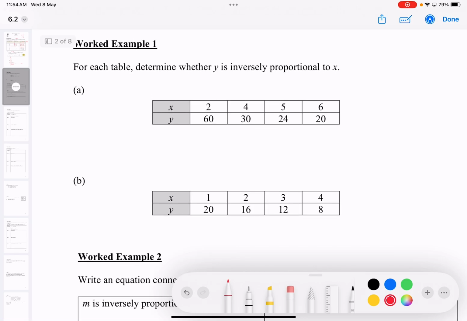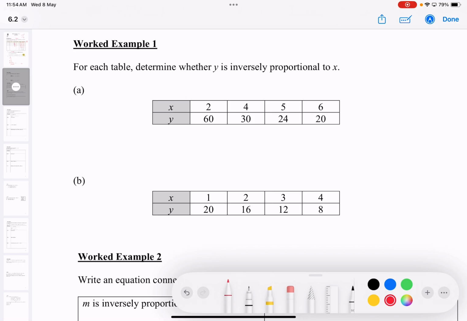Now, whenever we have two variables, x and y, how do we prove that these two variables are inversely proportional to each other? Remember I told you that there is this constant. A constant means that it doesn't change.